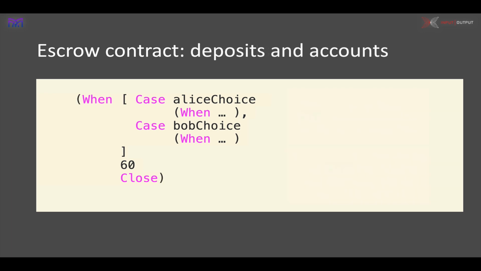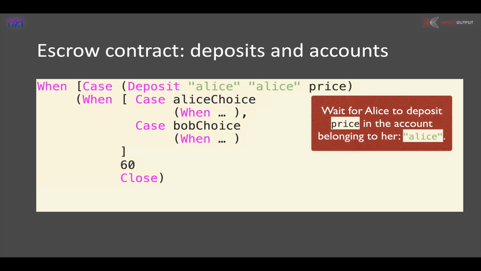Now here we've got the working part of the contract, if you like. But if you think about this, what must happen first in the escrow contract is that Alice must make a deposit. So we have to think about modelling that.